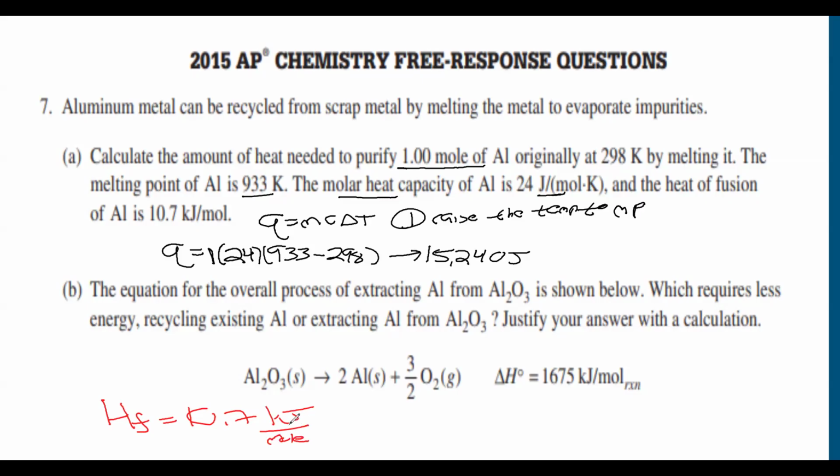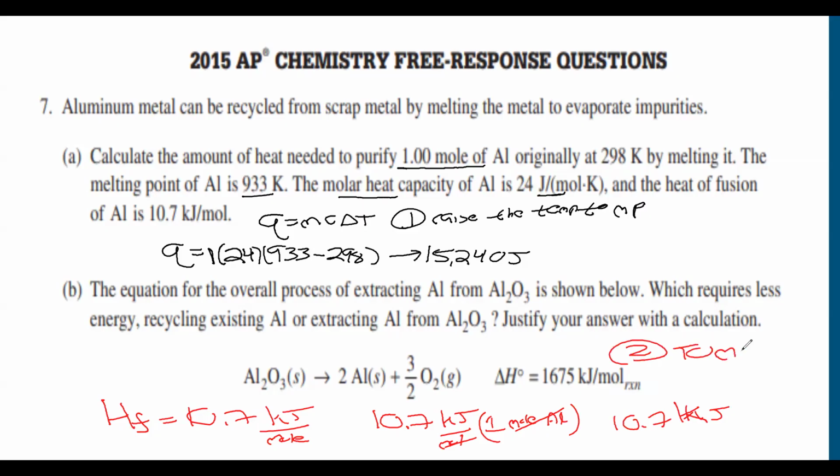If we multiply 10.7 kilojoules per mole by 1 mole of aluminum, the moles cancel out and we're left with 10.7 kilojoules. So it took 10.7 kilojoules to melt it.